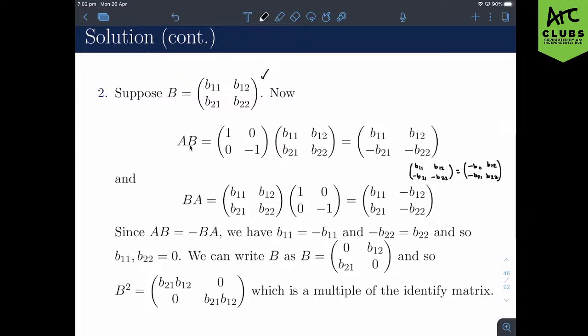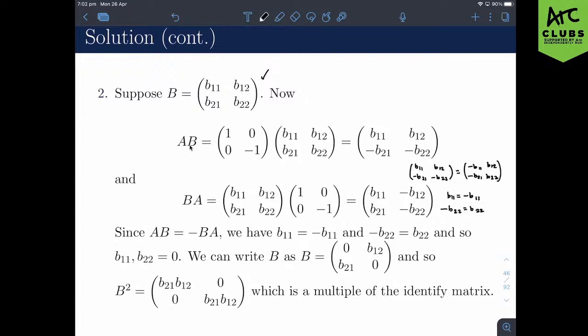And for two matrices to be equal, all of their entries have to be equal. The entry in the corresponding row and column has to be equal. So the entries of interest are that B11 is equal to minus B11, and also B22, or minus B22, is equal to B22.